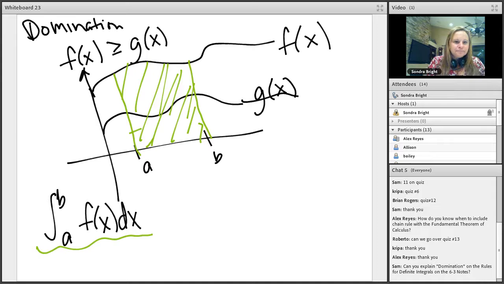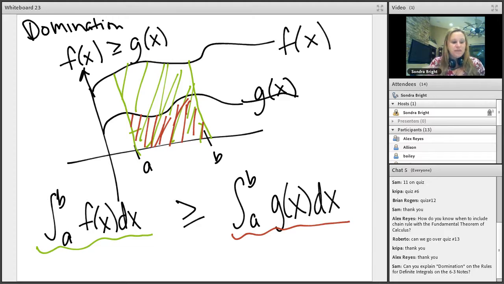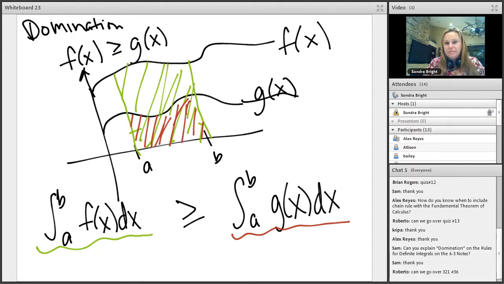And if you're finding the integral from a to b of g of x, you're finding the area under the curve from a to b under g of x to the x-axis. So just that portion is this. Obviously the area under f of x is much larger than the area under g of x. So that's domination. That's all it's saying: one of them is bigger than the other.